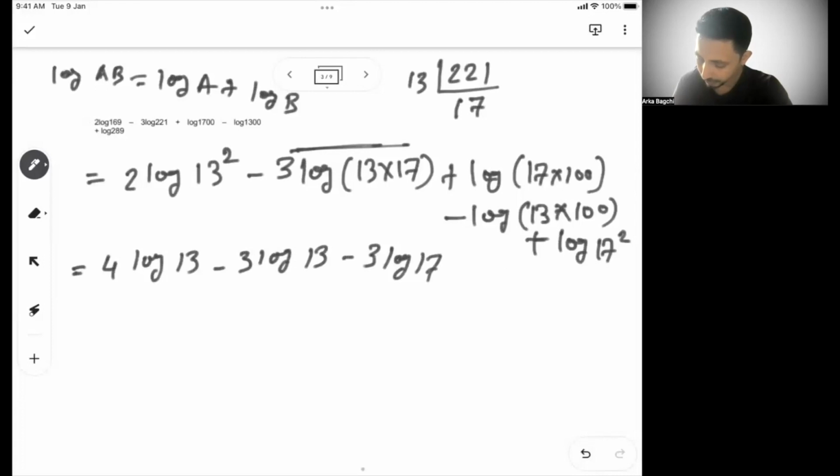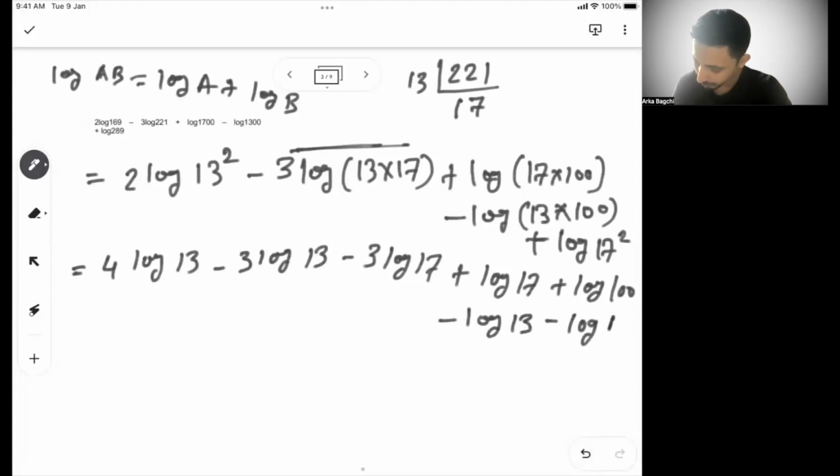Similarly, log 17 into 100 becomes log of 17 plus log of 100. Log of 1300 will be minus log of 13 minus log of 100. And log of 17 squared will become plus 2 log 17. So we got all the things. So log 100 and minus log 100 will get cancelled out.